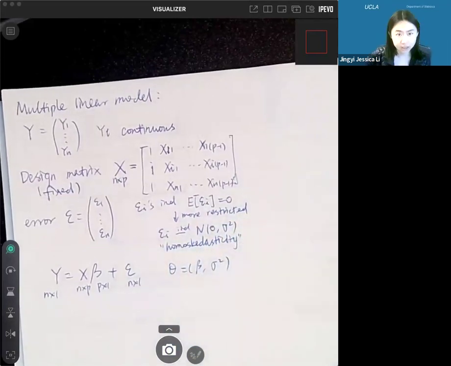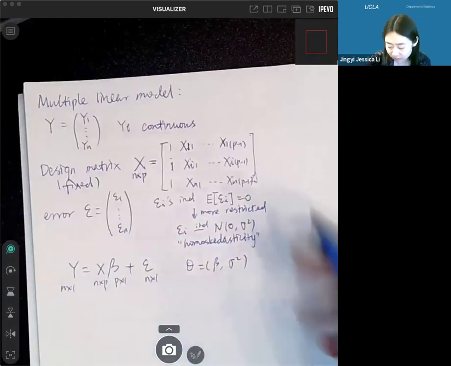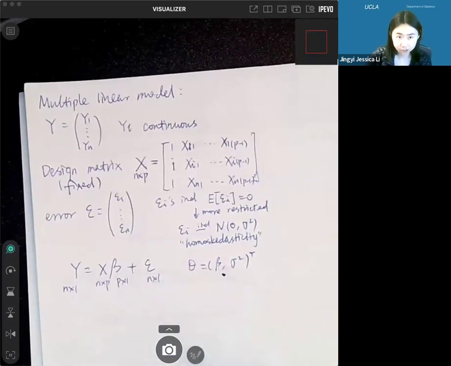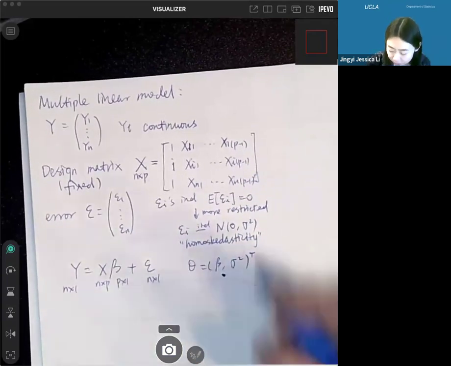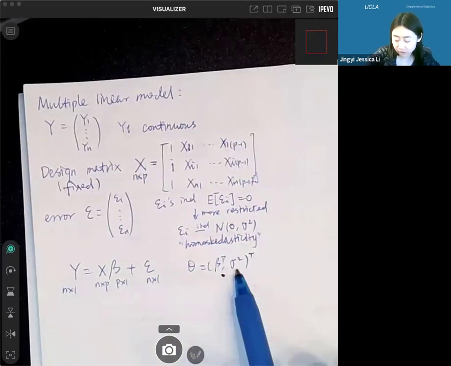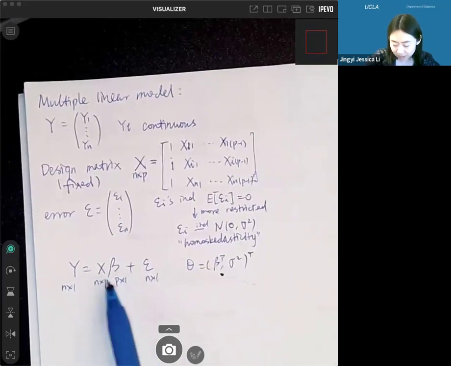So it's basically p plus 1 dimensions. Sometimes we put a transpose here to indicate this is a row vector. So probably I should put beta transpose to make it a row, then add one more element. So basically, we need to estimate beta, right?